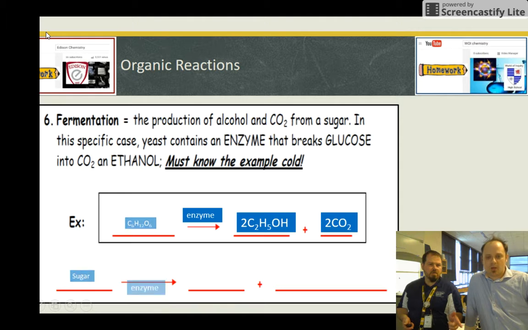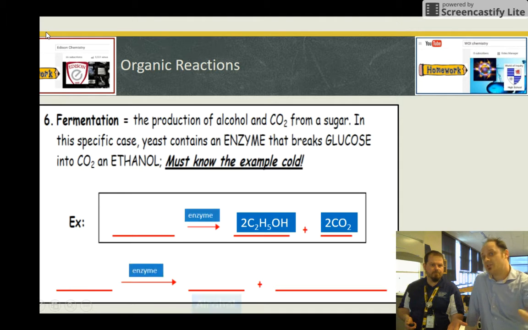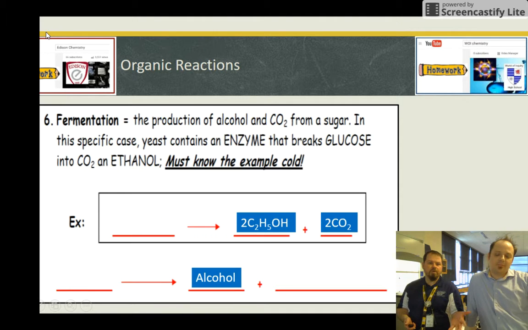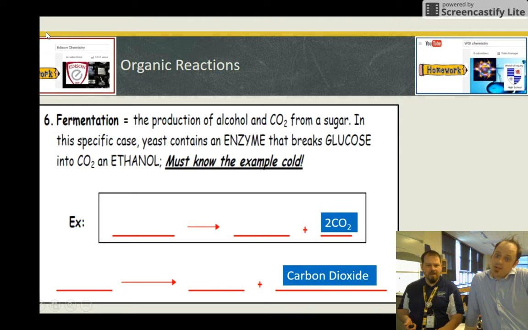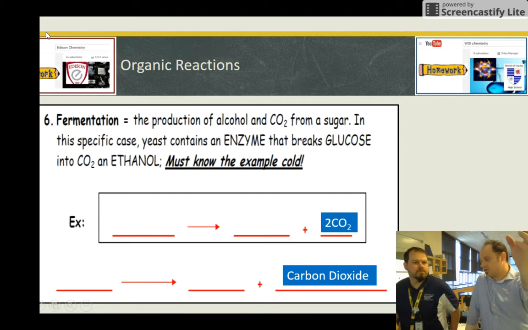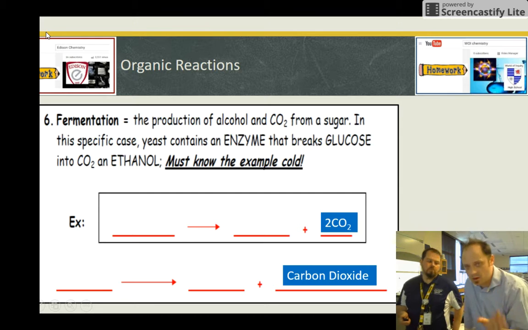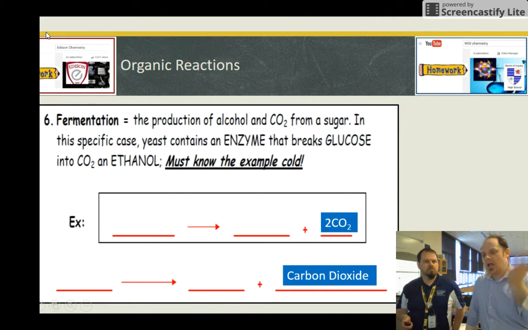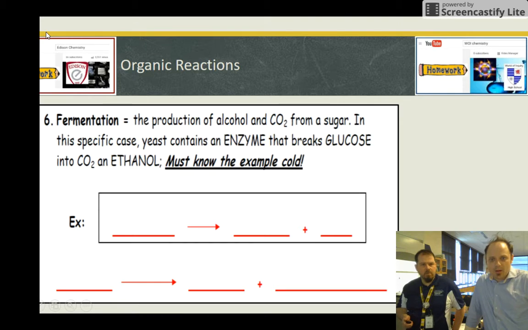So sugar plus an enzyme, as a catalyst, produces alcohol and carbon dioxide. So producing alcohol is fermentation, and we just showed you the reaction. Typically, the only type we ever see is the production of ethanol, not methanol. So sugar makes ethanol and carbon dioxide when the enzyme comes in contact with it.